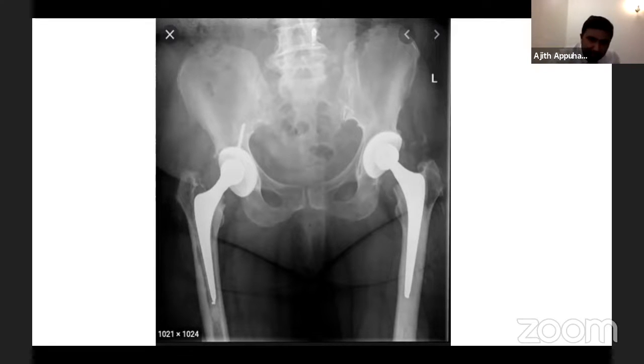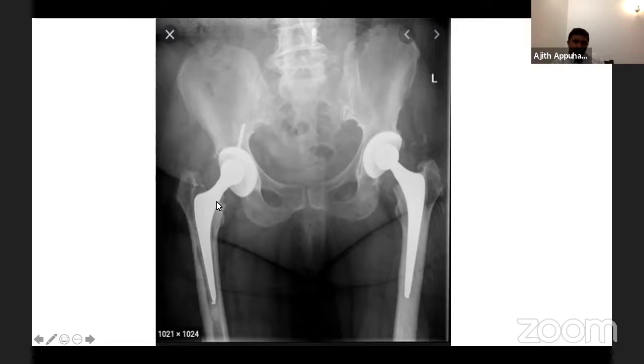Now, looking at this X-ray, compared to the left side, on the right side you can see a significant radiolucent line around it, and you can see that it has distally migrated. Compared to this, it is pistoning down.